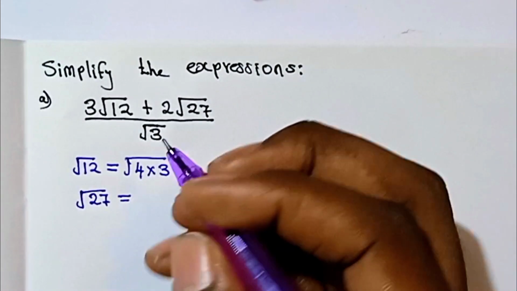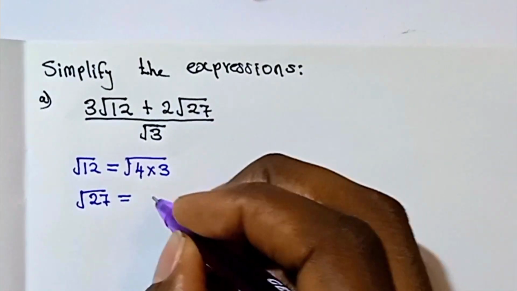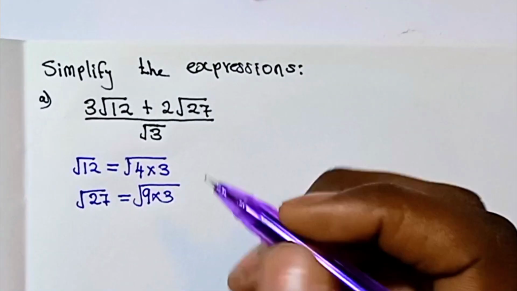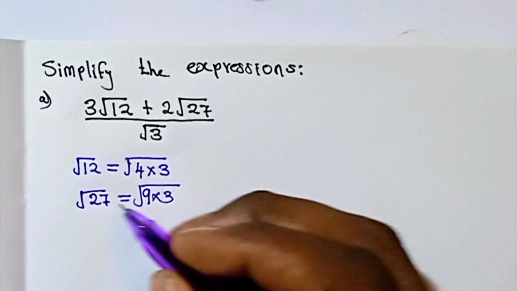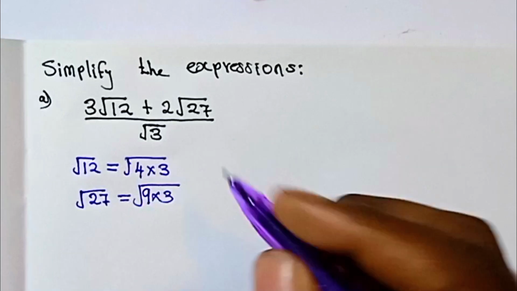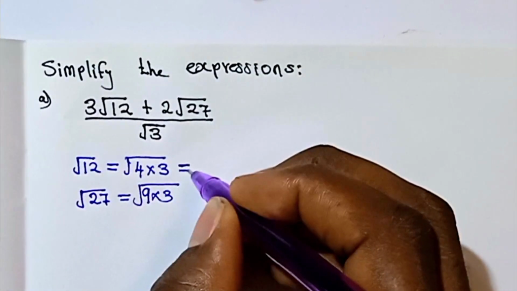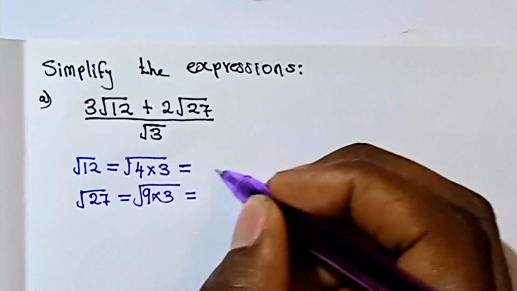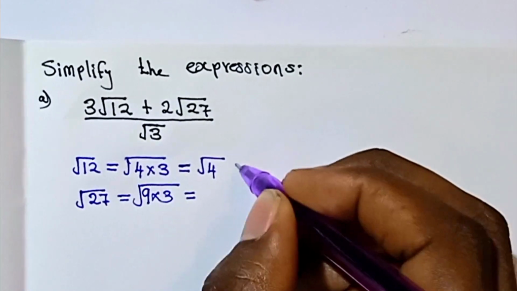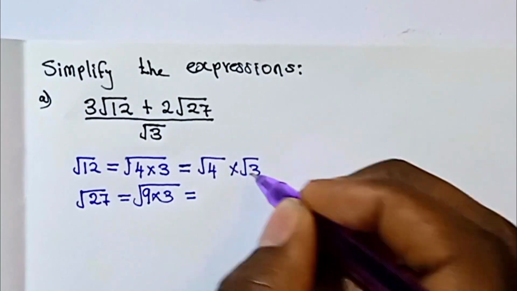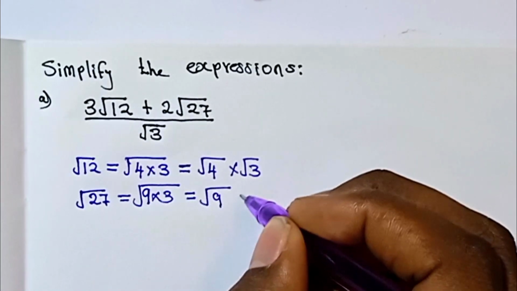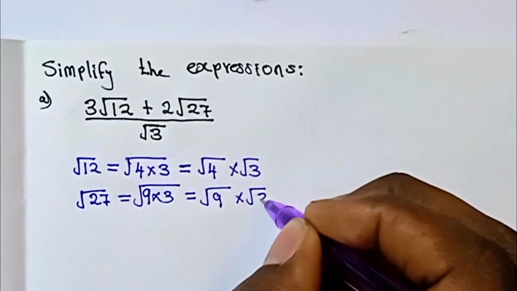Writing this is the same as 9 times 3, because when we multiply 9 and 3 we are going to have 27. When we separate them, we can rewrite as the square root of 4 times the square root of 3, and this one we can rewrite as the square root of 9 times the square root of 3.